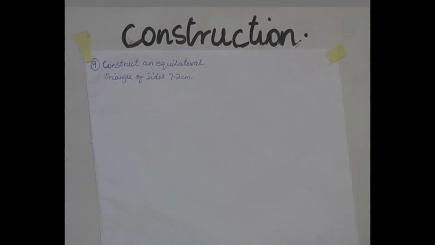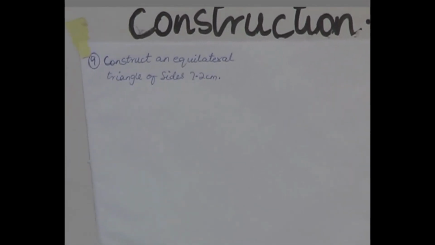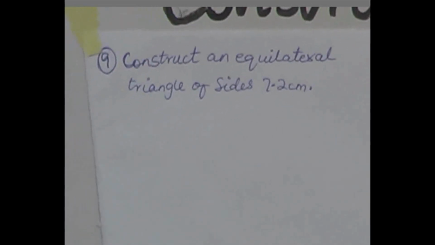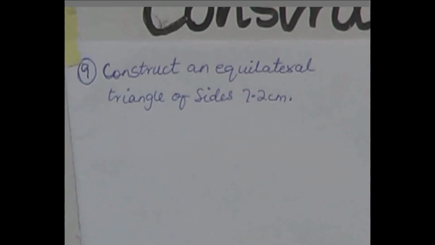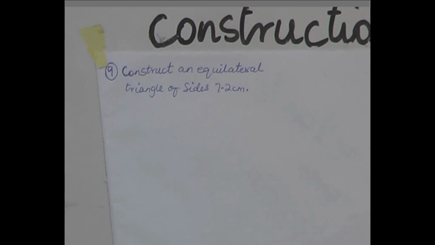The next question we have is question number 9. And this question says we should construct an equilateral triangle of sides 7.2 centimeters. The first thing you do in drawing the equilateral triangle, remember, an equilateral triangle is a triangle that has all the 3 sides equal to themselves and all their angles are also equal to themselves.